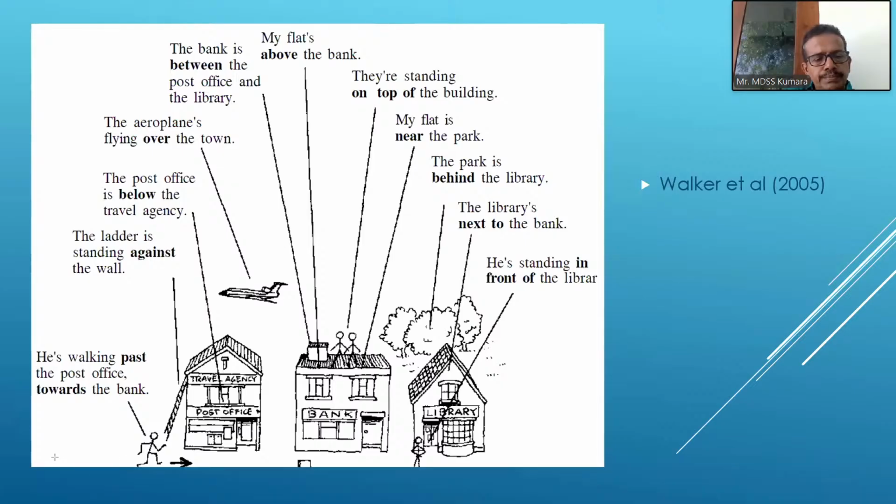So this person is walking past the post office towards the bank. So in relation to the noun, the post office, the preposition used is past. In relation to the noun, the bank, the preposition used is towards. He is walking past the post office towards the bank.